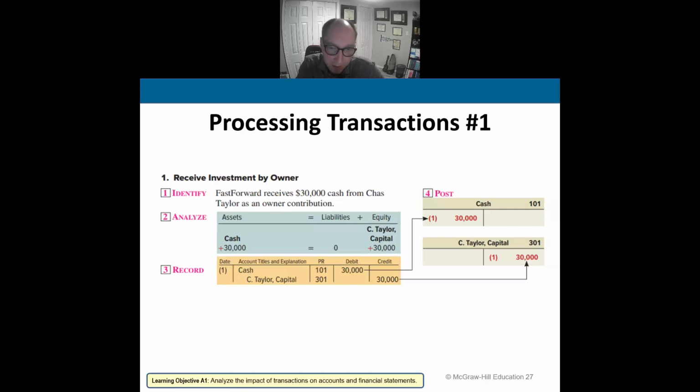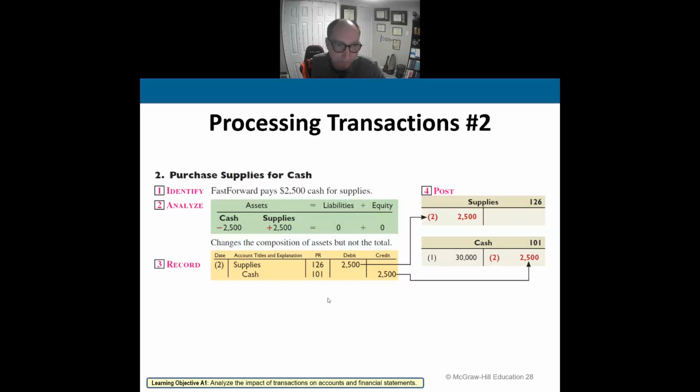I analyze the effect on the accounting equation. It's going to increase my assets, cash, and it's going to increase my owner's equity. I record the transaction, debit cash, credit owner's equity, and I post that to my general ledger accounts. That's how we process a transaction.